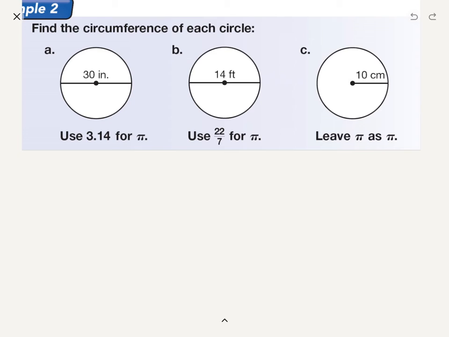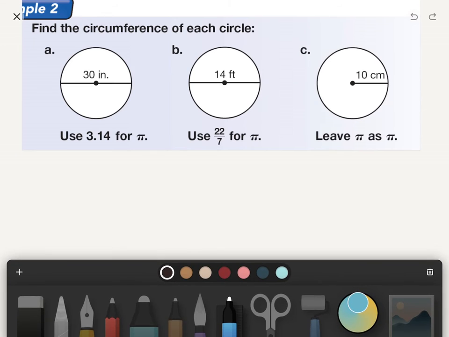Here we've got the 3 different ways that you're probably going to be asked to do this for the rest of the year. Sometimes in your problems, they're going to say use 3.14 for the value of pi to compute it.